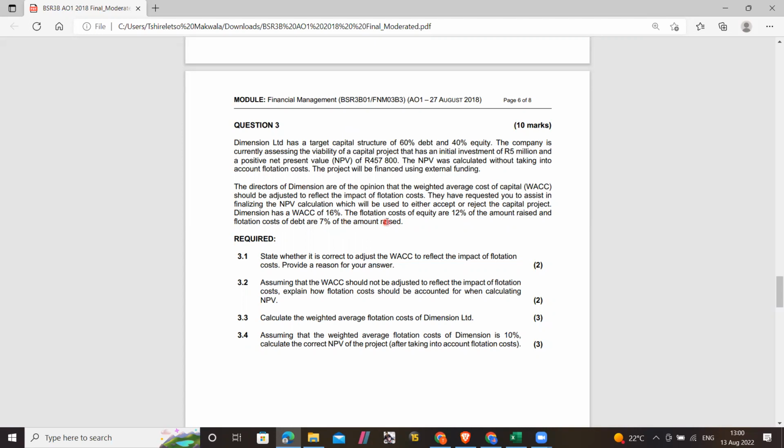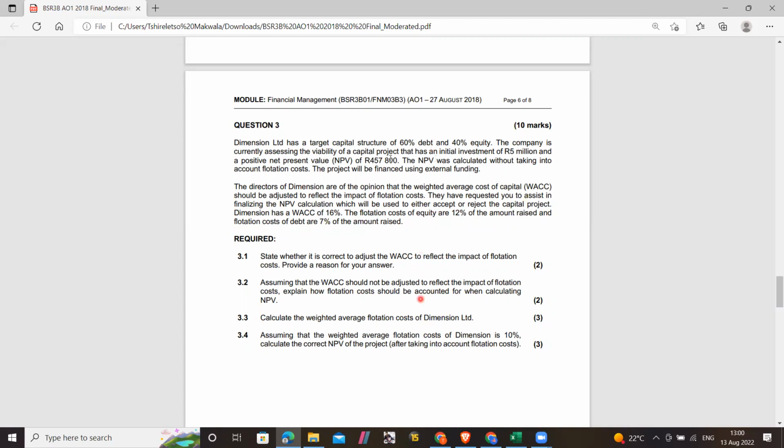You can have many flotation costs. If there was one, you would have known its cost. Now there are two: flotation cost for the cost of equity and flotation cost for the cost of debt.